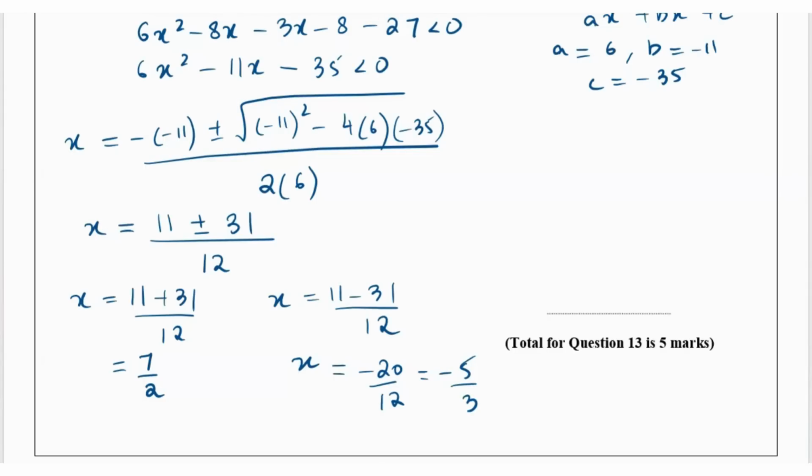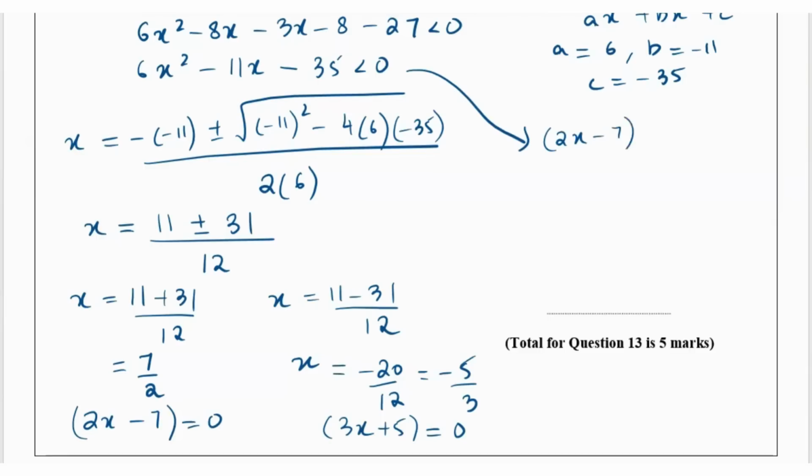So we can rewrite these as 2x minus 7 equals 0 and 3x plus 5 equals 0. Now, this basically becomes (2x minus 7)(3x plus 5) less than 0.